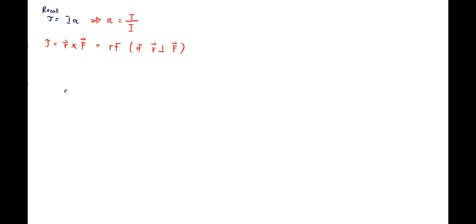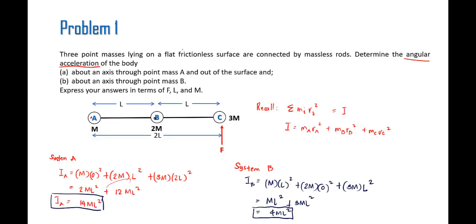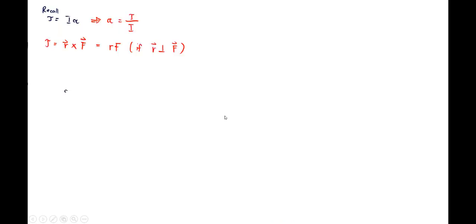So let us take a look at the figure. This is our R, directed horizontally, and then our F is directed vertically, so they are perpendicular with each other. So we can just write the torque as equal to R times F, the magnitude of the length of the lever arm multiplied by the magnitude of the force. So we can get two values for torque.